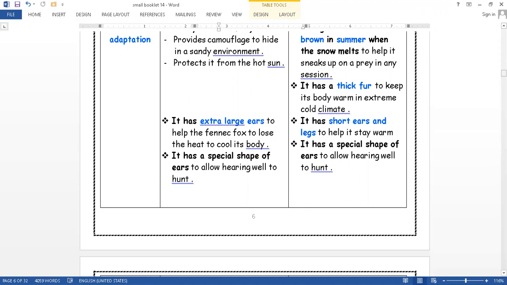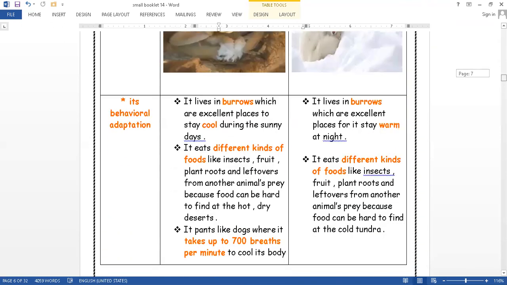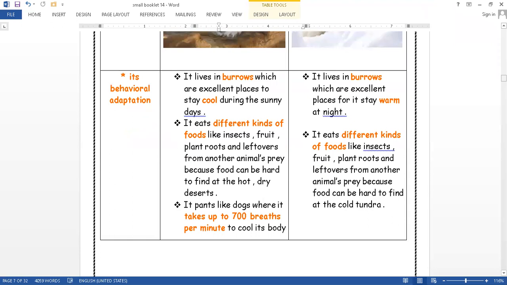But on the other hand, the Arctic fox has small ears just to keep the heat and feel warm. But both of them have a special shape of ears to make their hearing very good so they can hunt easily.